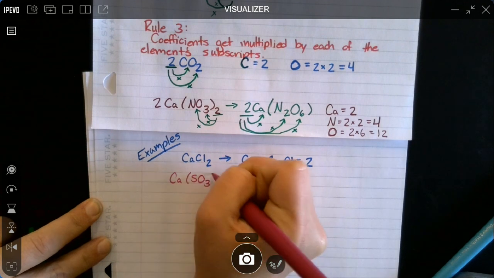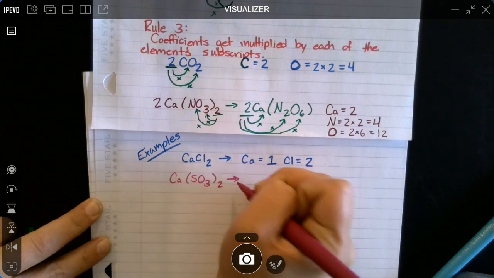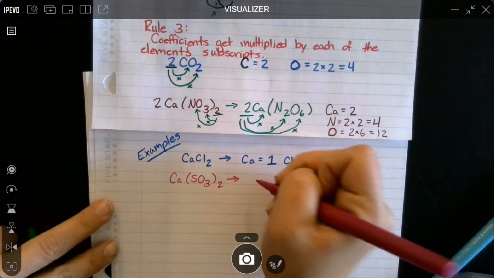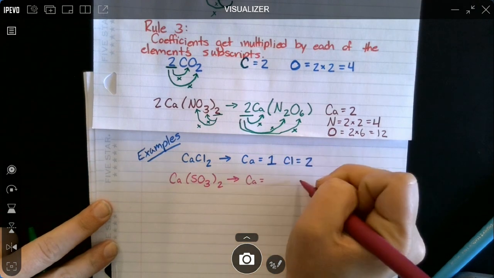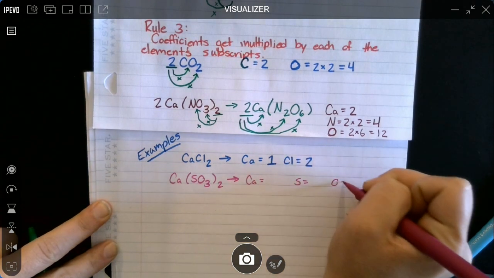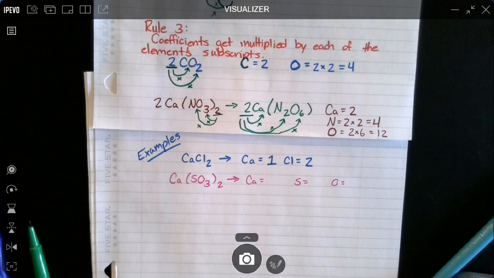Ca(SO3)2. So how many Ca's, how many S's, and how many O's do you think we have?